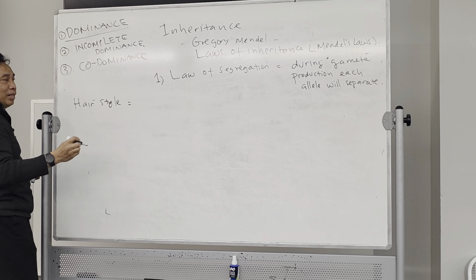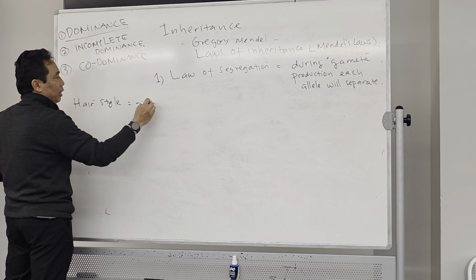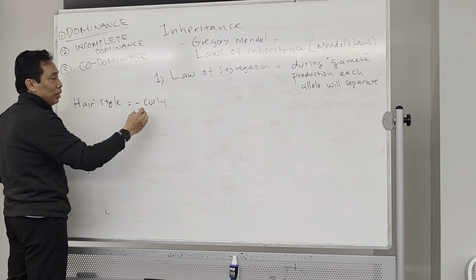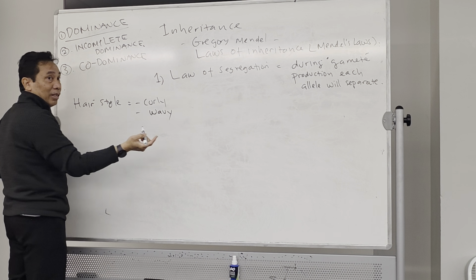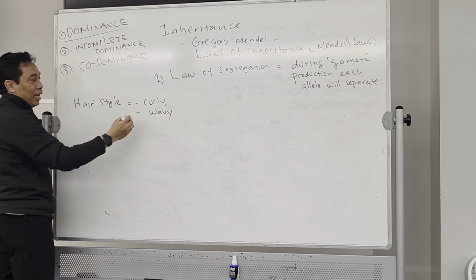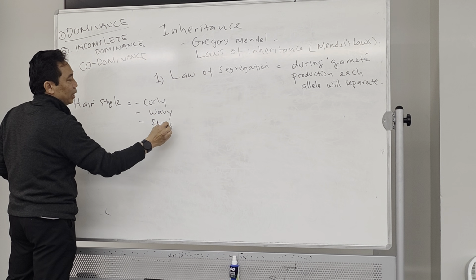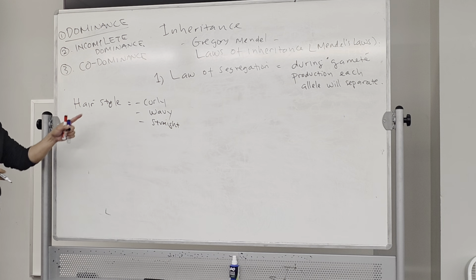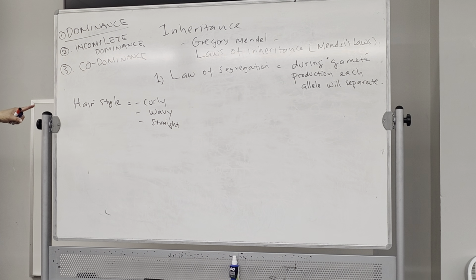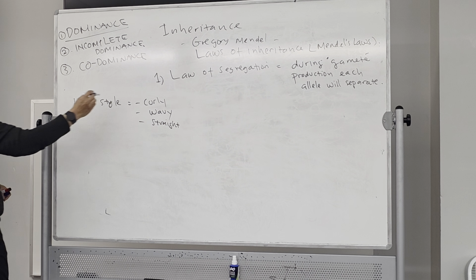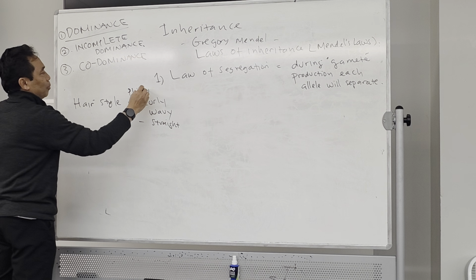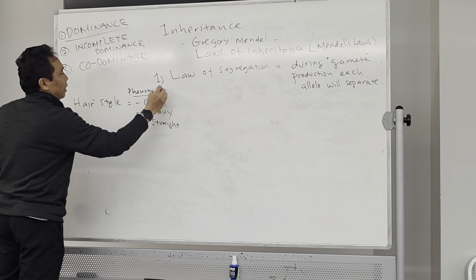Maybe you see humans with curly hair, wavy hair, and straight hair. So there are three characters, three phenotypes here. This is what we call the phenotype, the character that you can see.